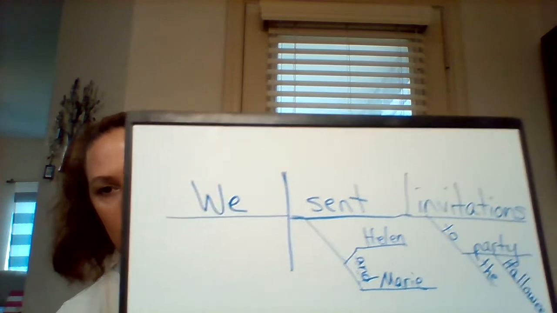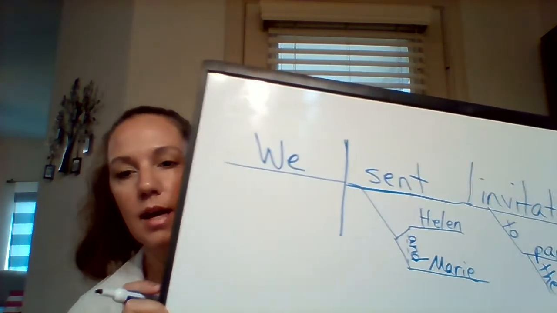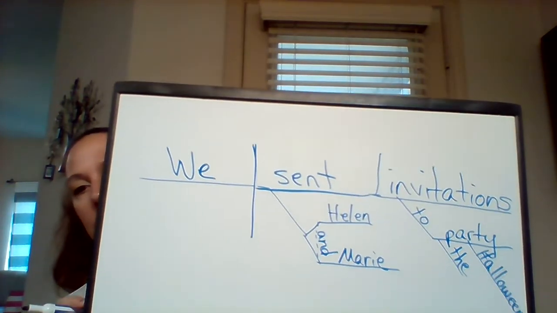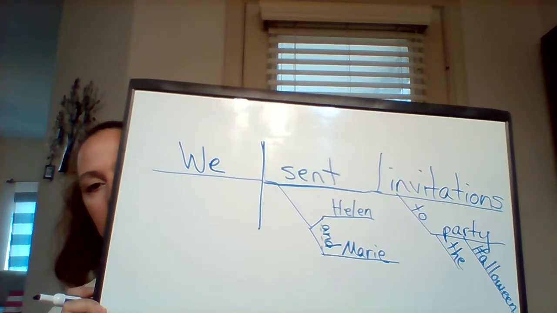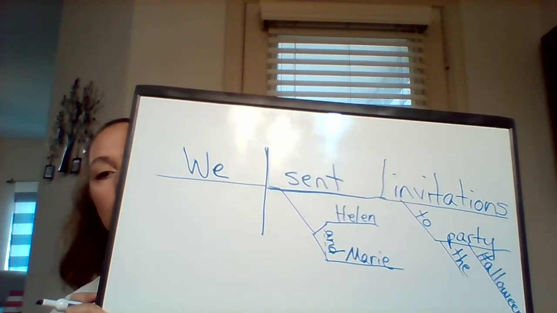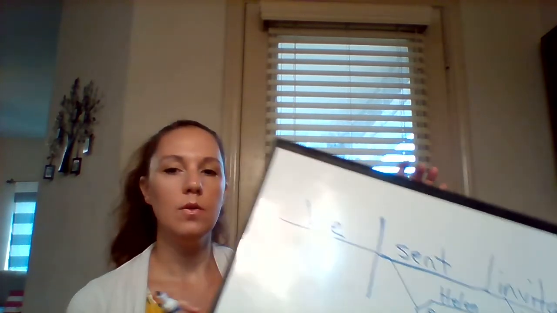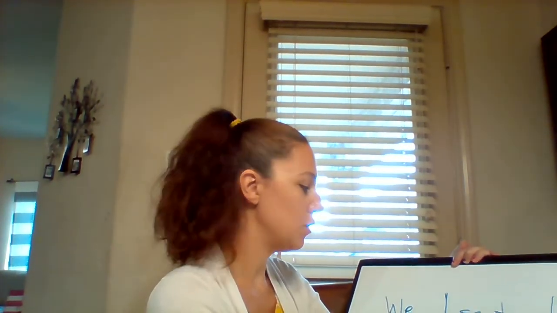Okay, so that's kind of a long sentence. But notice I have one spot for each word in my sentence. Should not have more than one word in one spot. Okay, so that is compound indirect objects. Indirect, who it's going to.